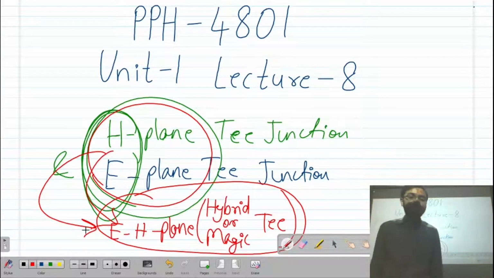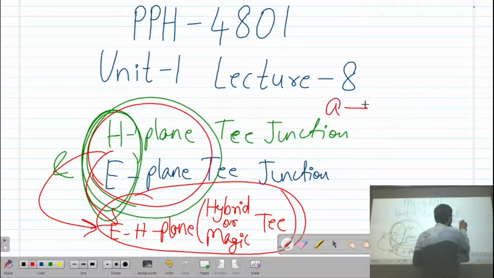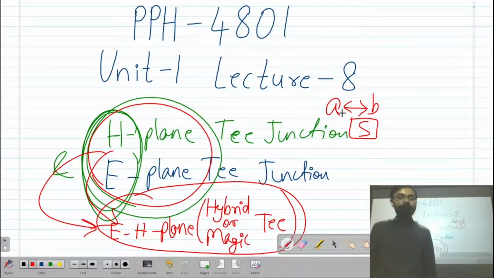In the same way as we did for E plane and H plane in the last lecture, we will implement the S parameters and find out the relation between A and B with respect to the S scattering coefficients. Similarly we will do it for EH plane. So let us see first of all the structure.